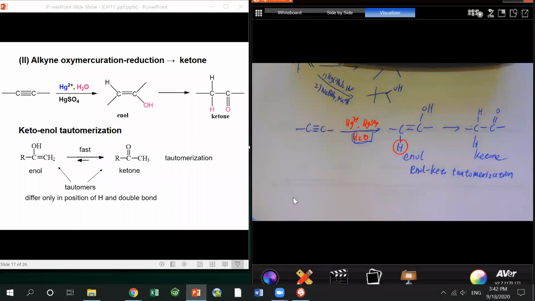For enol-keto tautomerization, you don't need the mechanism; we'll learn it in later chapters.